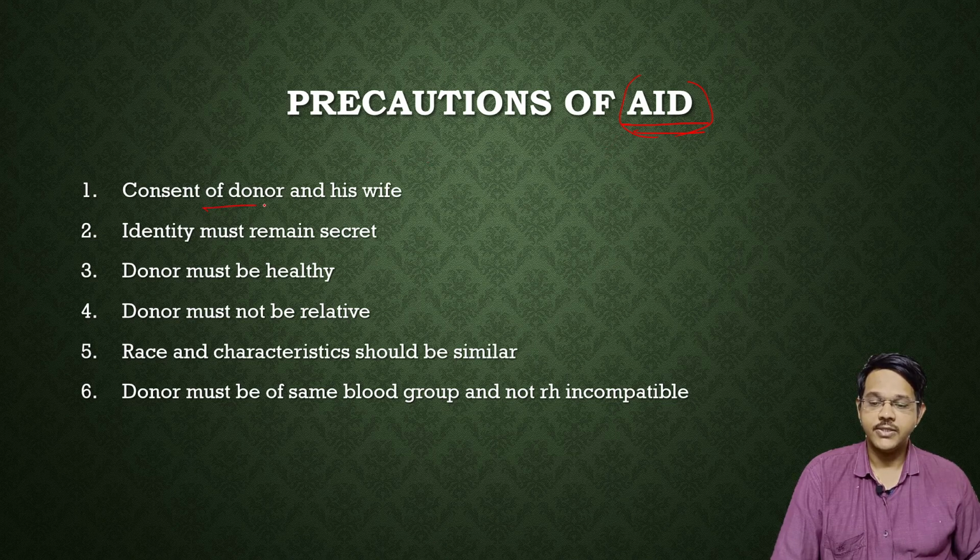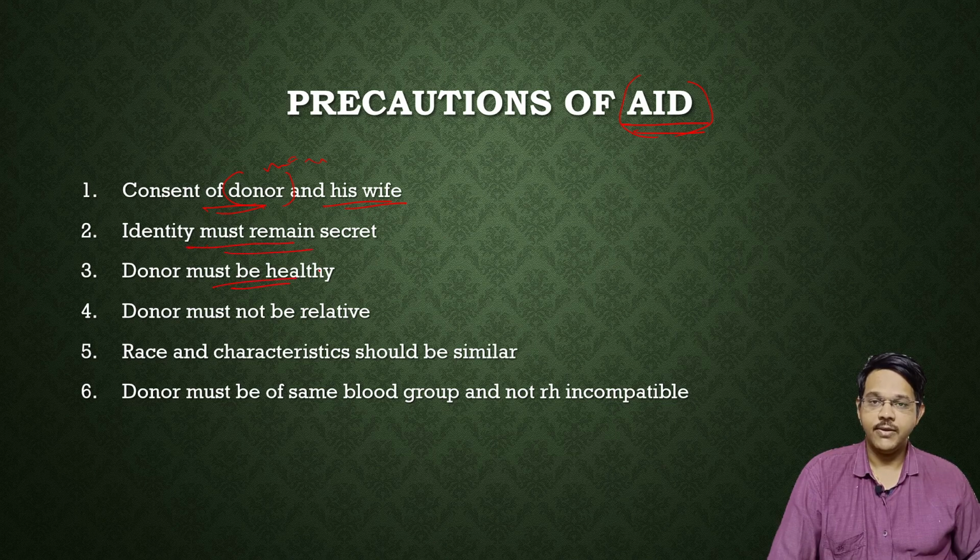The consent of the donor has to be taken that his semen is used for insemination of other people. If the donor is married, his wife's consent is also taken. The identity of the donor must remain secret.